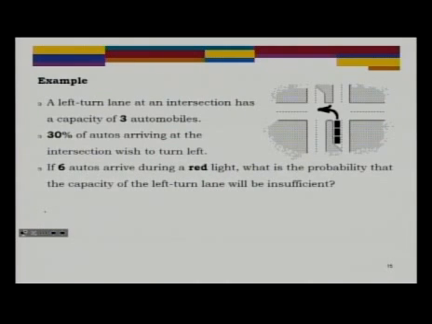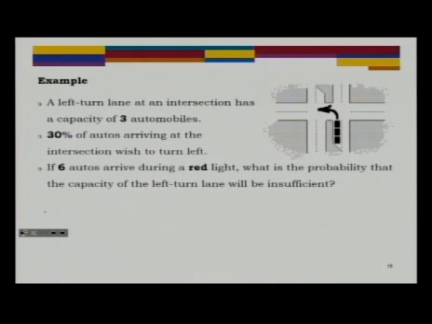First, you need to collect some required information. By reading through this problem description, what information did you collect? Total number of trials, total number of cars. What is that? 6 vehicles, right? Because it says if 6 autos arrive during a red light.